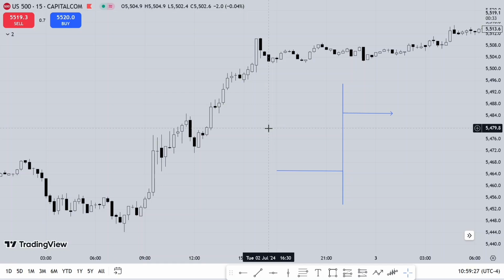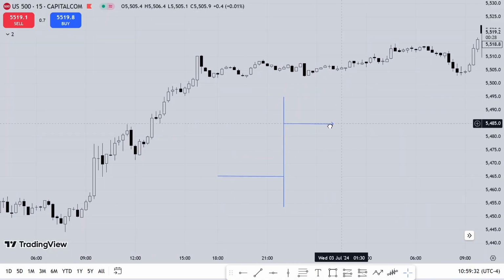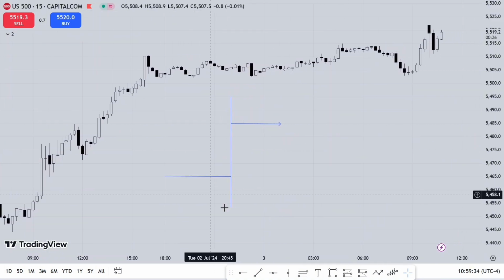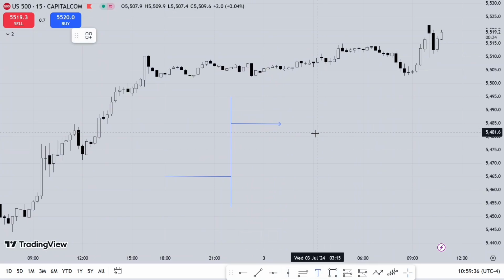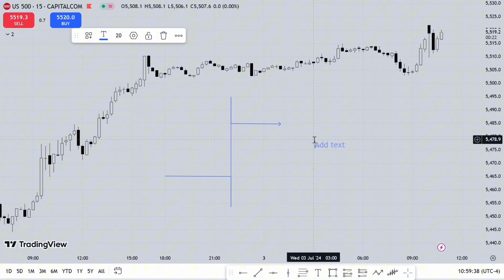So the power of three. What is the power of three? The power of three comprises three phases.